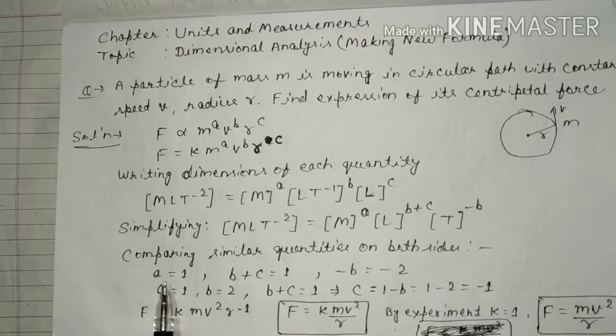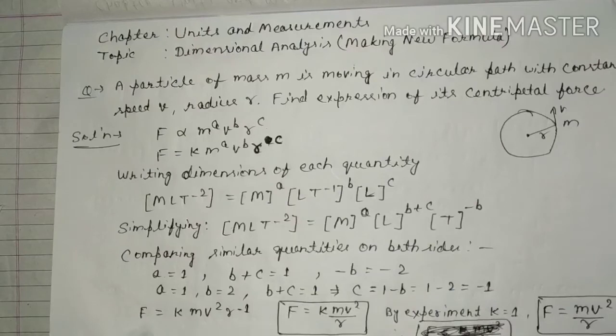A is equal to 1, and the minus signs cancel, so b is equal to 2. Third, b plus c equals 1; putting in the value of b, or transposing, c equals 1 minus b, which is 1 minus 2, and 1 minus 2 is minus 1.